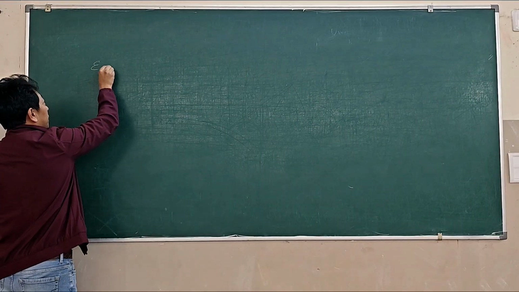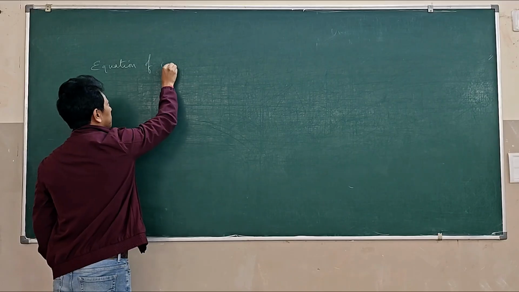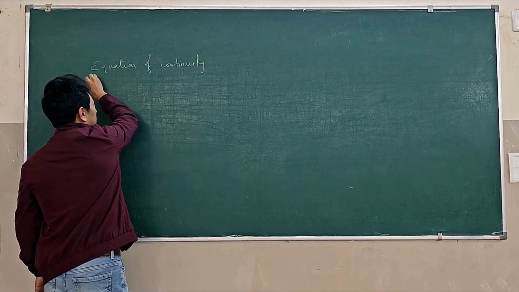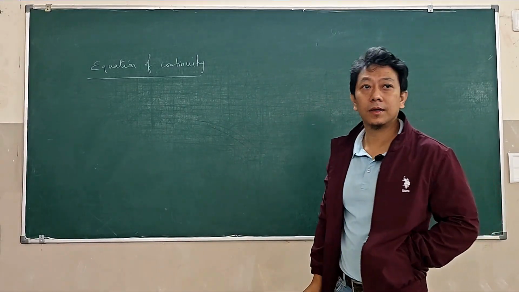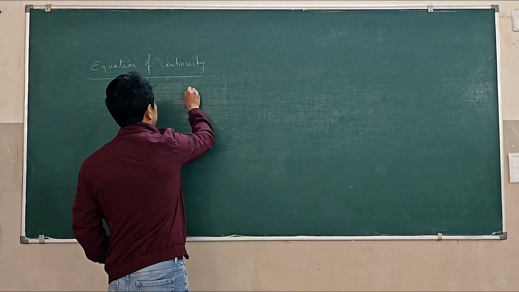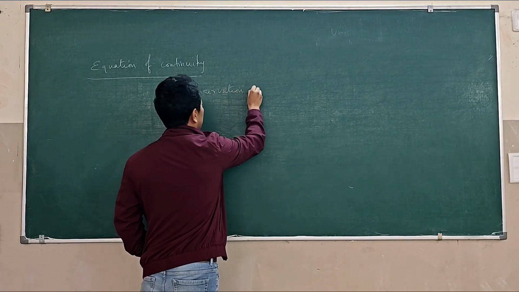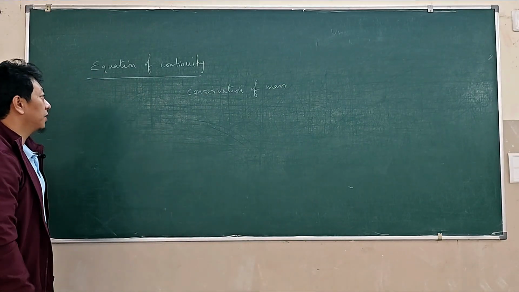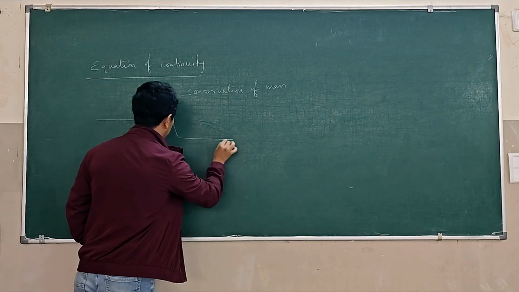Equation of continuity. Basically, this equation of continuity is conservation of mass. What do you mean by conservation of mass, sir, here? So imagine you have a pipe which is something like this.